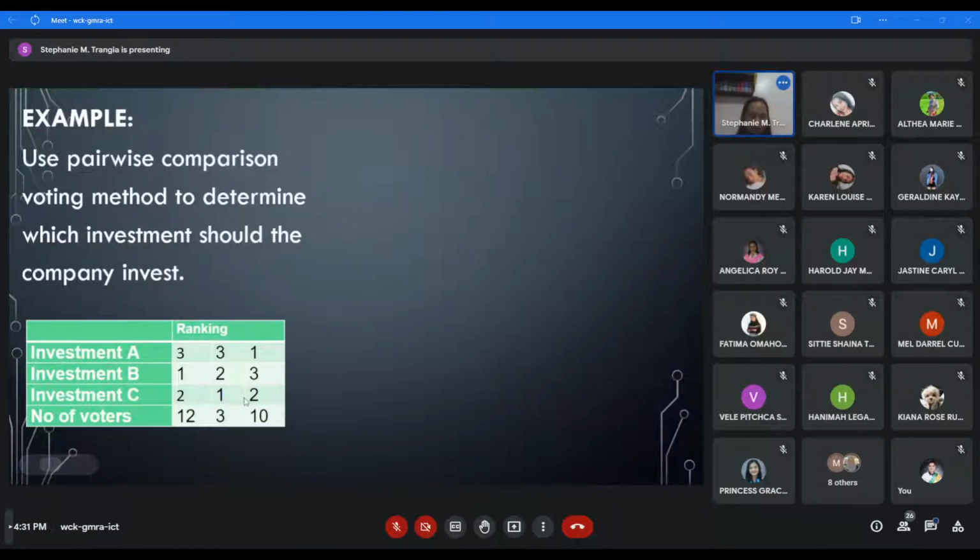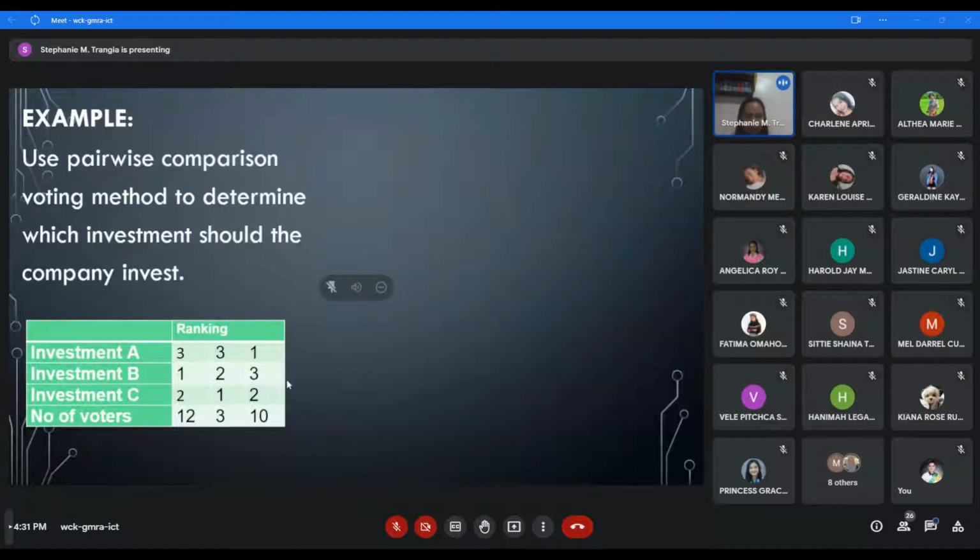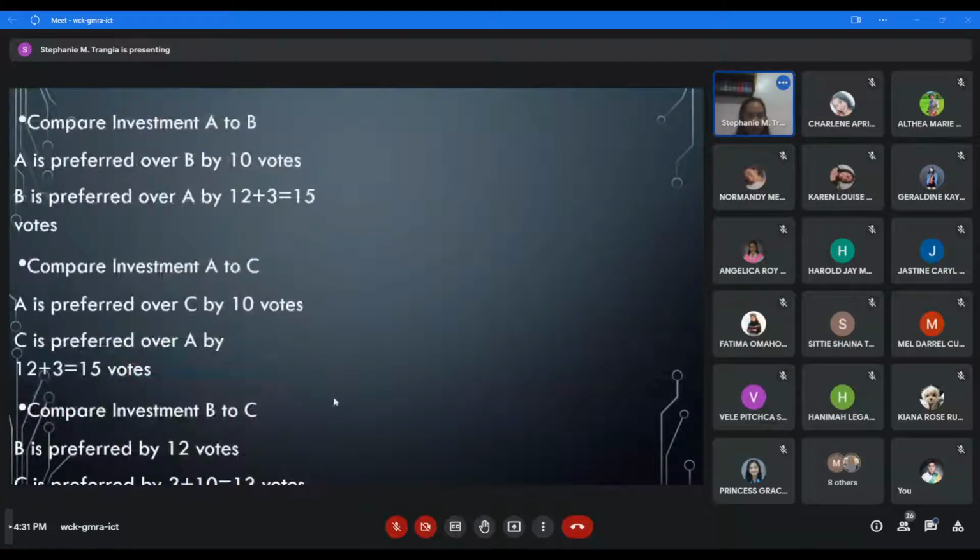So 12 votes for B. 2 versus 1. So C wins, 3 votes for C. 2 versus 3. So C wins, so another 10 votes for C. So B is preferred by 12 votes over C, whereas C is preferred by 13 votes over B.